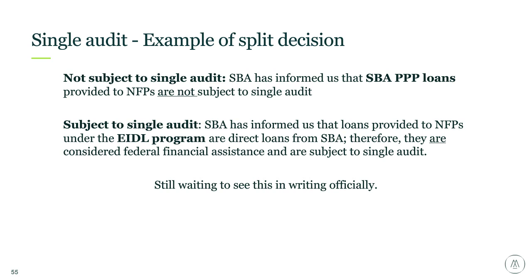However, we've also heard that loans provided to not-for-profits under the Economic Injury Disaster Loan are direct loans from SBA, and therefore they are considered federal financial assistance and subject to single audit. So there are loans out there and funding that we are, again, still waiting for some guidance.